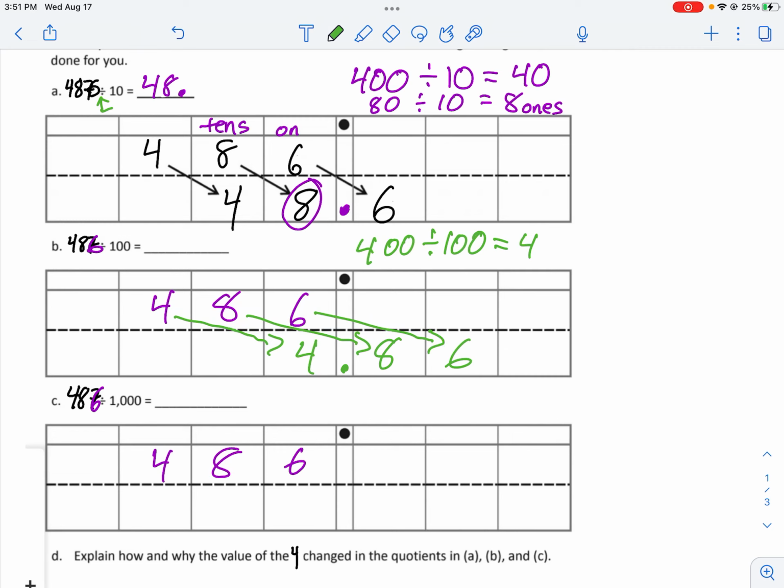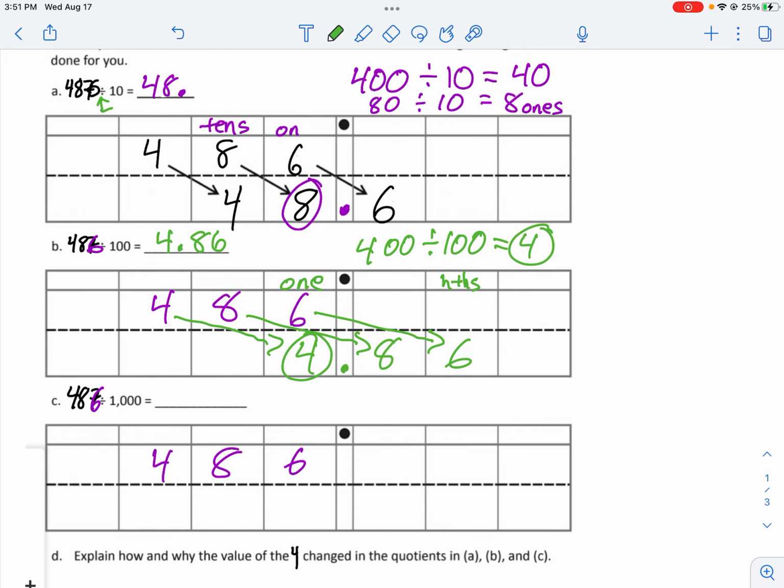So 486 divided by 100 will give us 4 and 86 hundredths. It's hard to fit it all in there, so I'm going to just put the HTHS. So 4 ones, our 4 landed in the ones place.